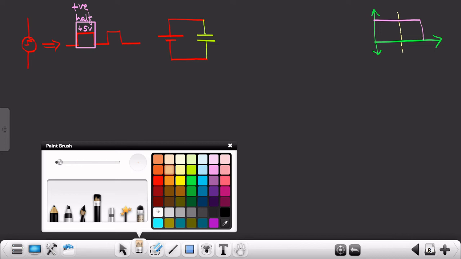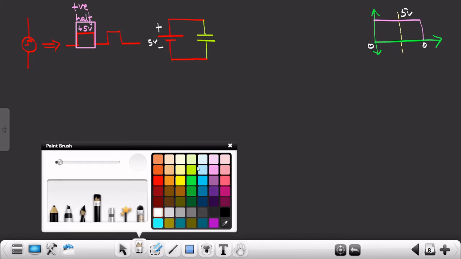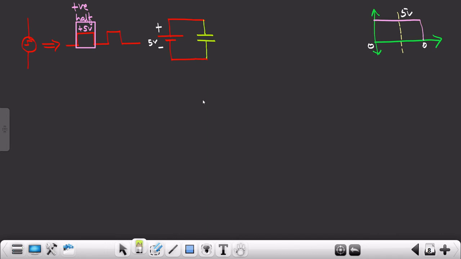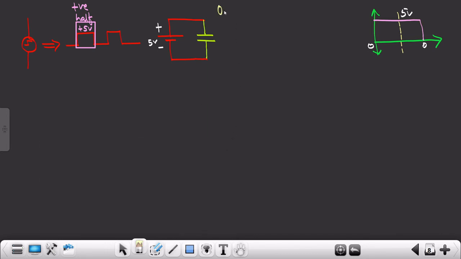All right, so now just for your understanding purpose, let's suppose this is 0 volt, let's suppose it is 5 volts, and then again it is going to 0 volts. Over here, I'll write this is plus minus 5 volts, right? From 0 volts to 5 volts, the capacitor is charged.